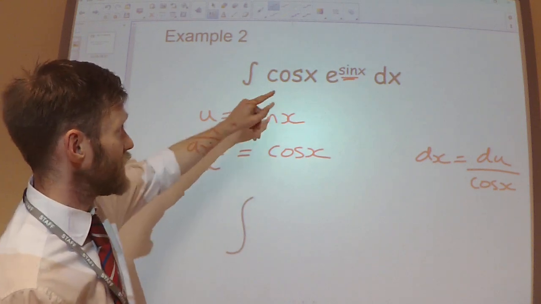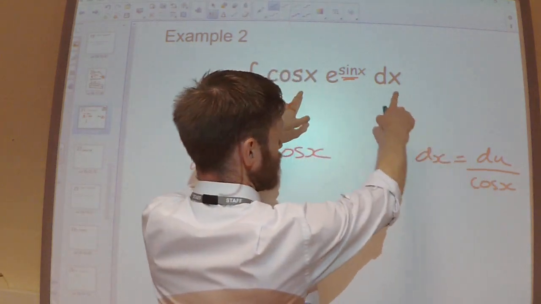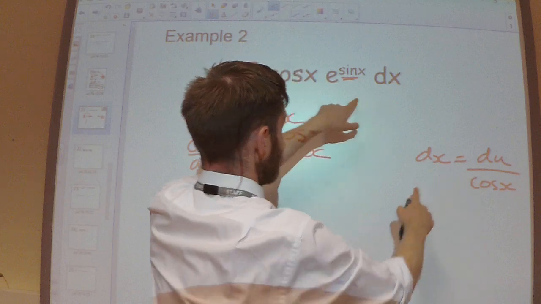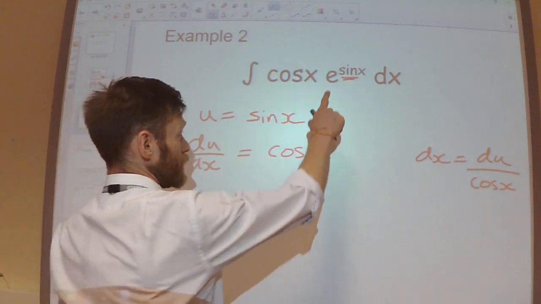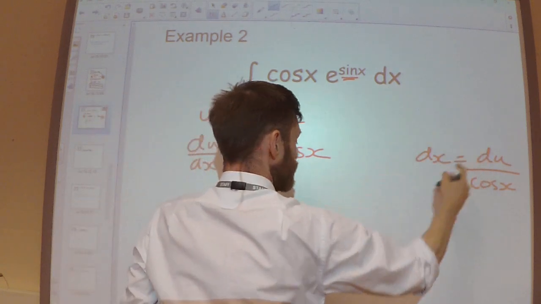So, now this cos x, I'm noticing when I substitute this in, the cos x on the denominator here will cancel with the cos x here. And so I will just be left with e to the power u du.